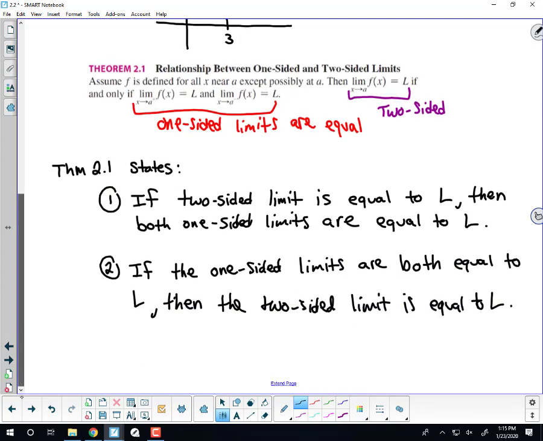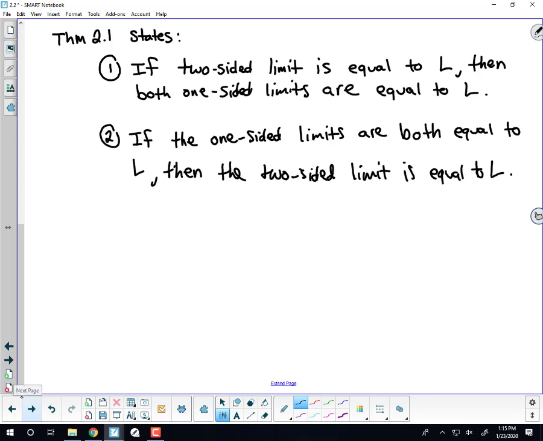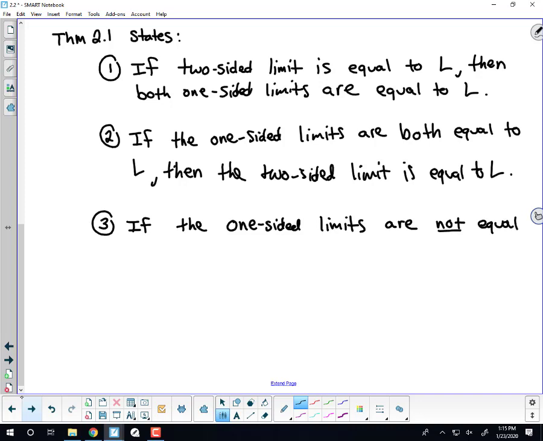So kind of the counter to that is, if the one-sided limits are not equal, then the two-sided limit does not exist.